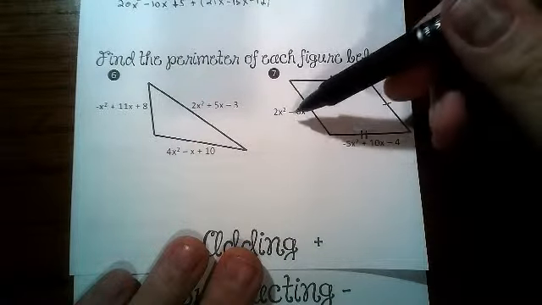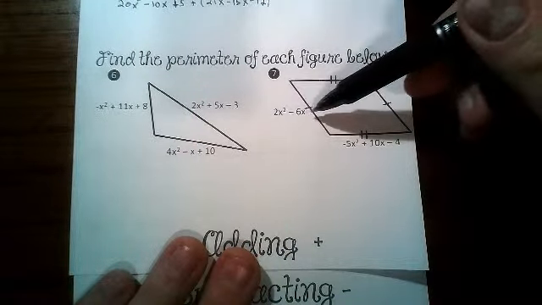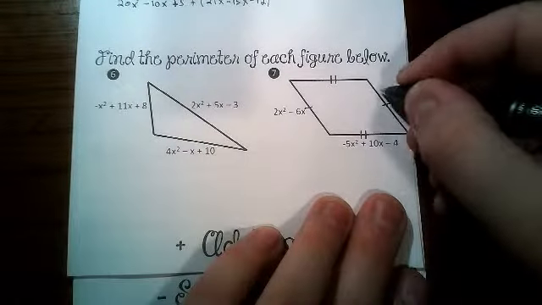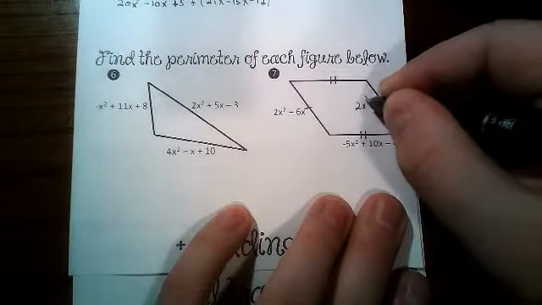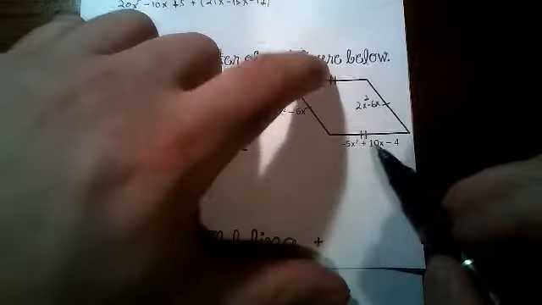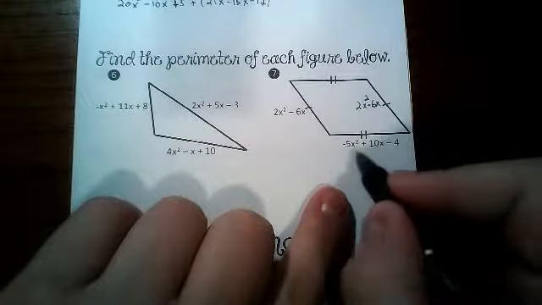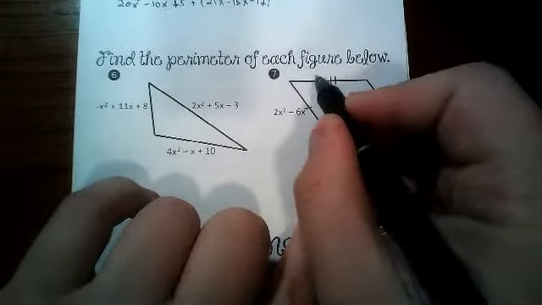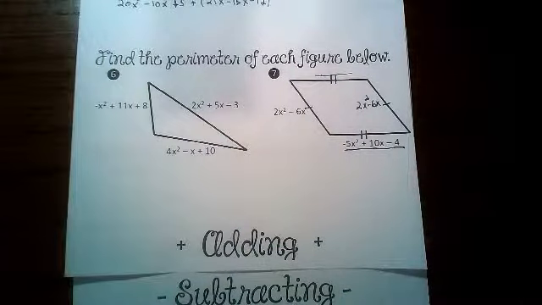That means that if this is 2x squared minus 6x, this is also 2x squared minus 6x. These are the same lengths. This has 2 dashes, this has 2 dashes. That means this is the same as that one.